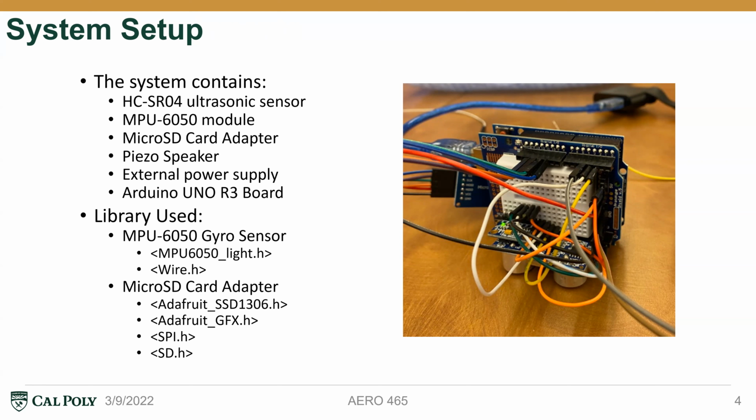Libraries used were the libraries for the gyro sensor and for the micro SD card adapter, which helped us integrate the pins that were used for our system and collect data from the sensors themselves.